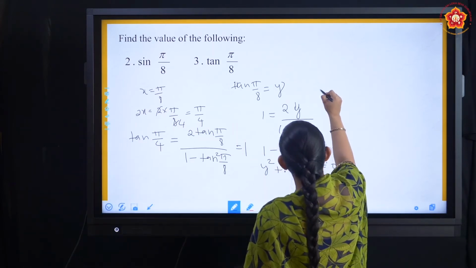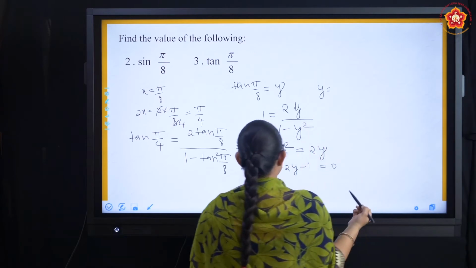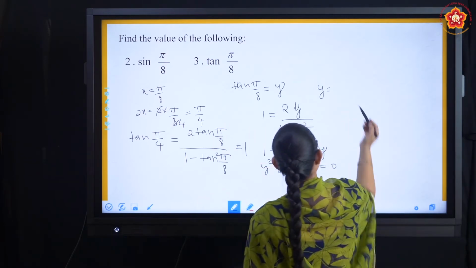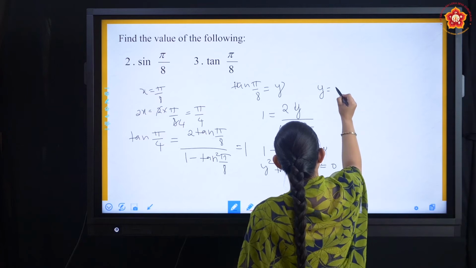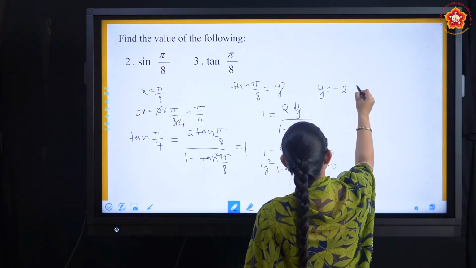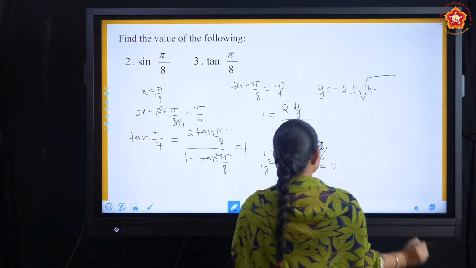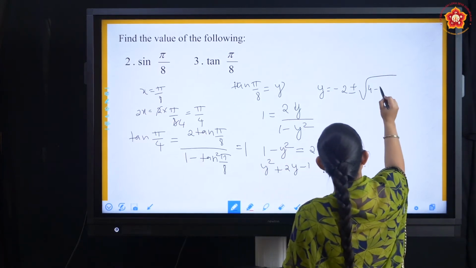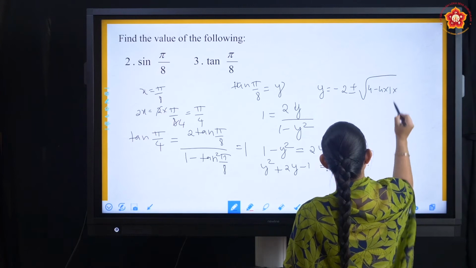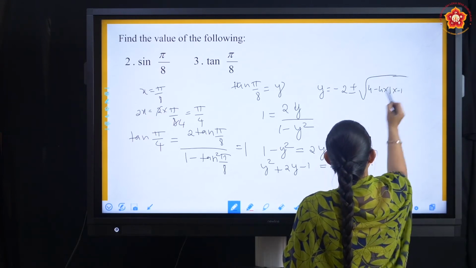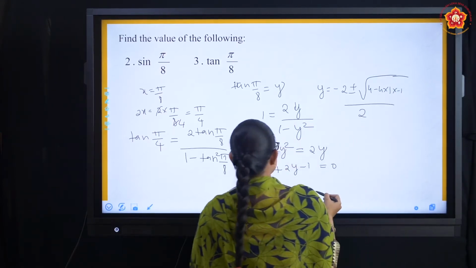We know that y is equal to minus b plus or minus square root of b square minus 4ac by 2a. So that is minus b, that is minus 2 plus or minus square root of b square is 4 minus 4ac. So 4 into a is 1, c is minus 1 divided by 2a, 2 into 1.